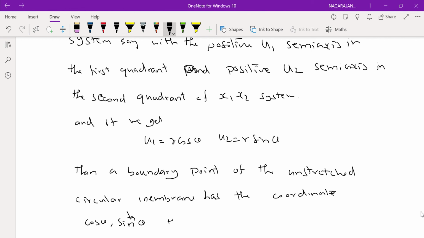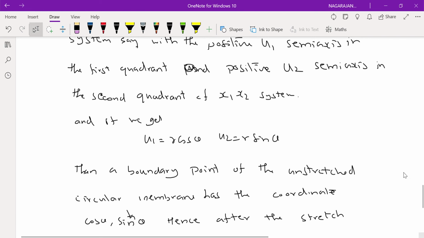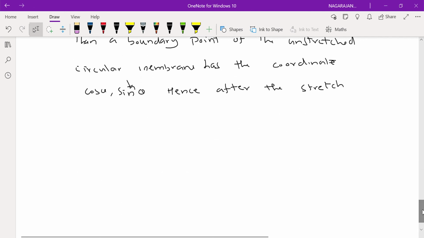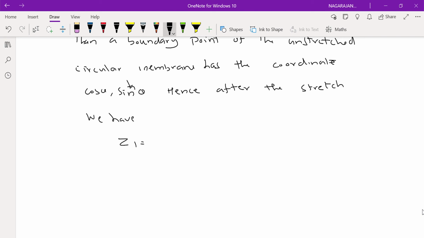Hence, after the stretch we have z1 equal to 8 cos theta, z2 equal to 2 sin theta.